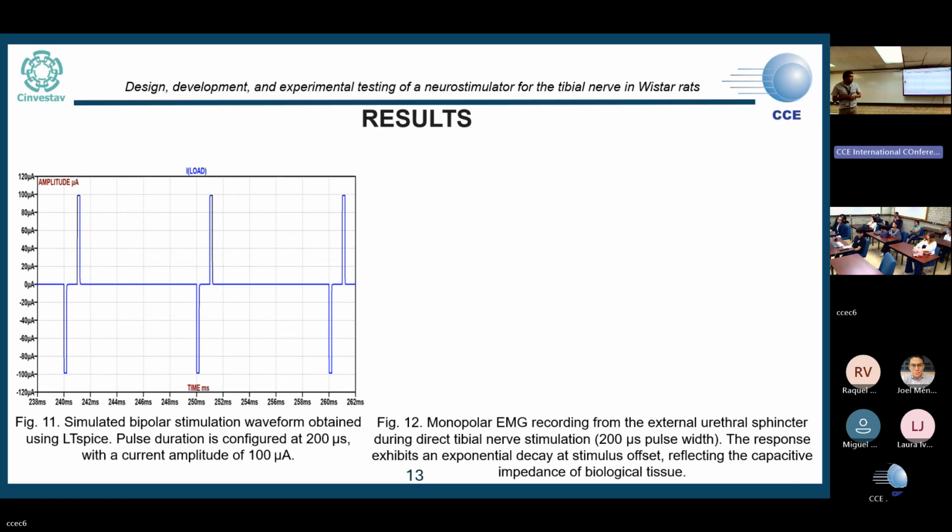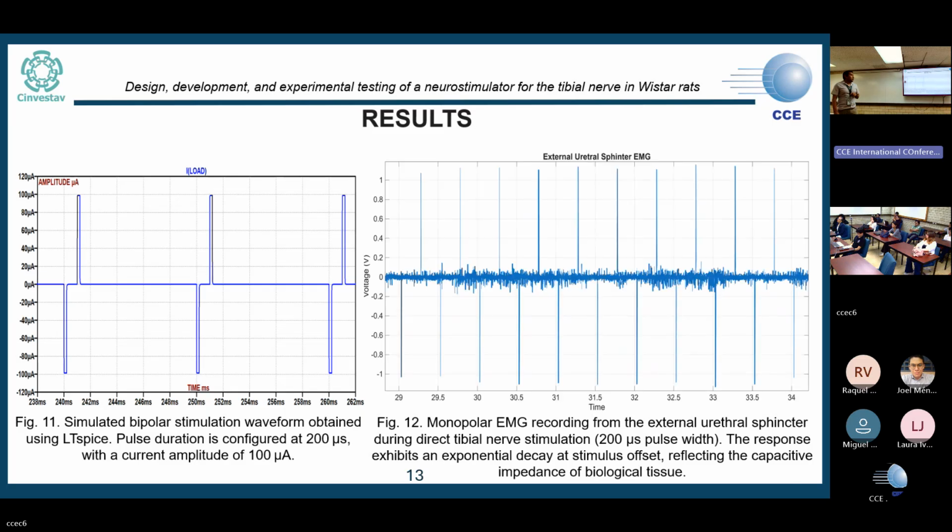And for example, the response that we can obtain from the device. Figure 11 shows the simulated bipolar stimulation waveform that we obtained in the LTspice simulation.